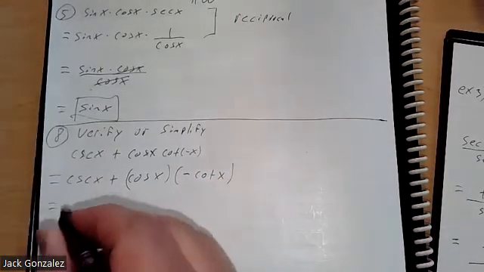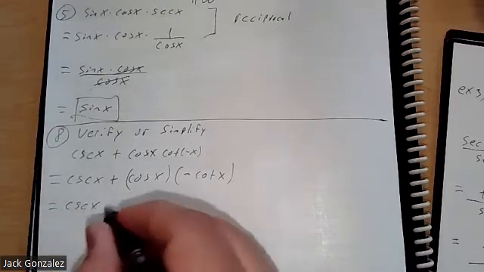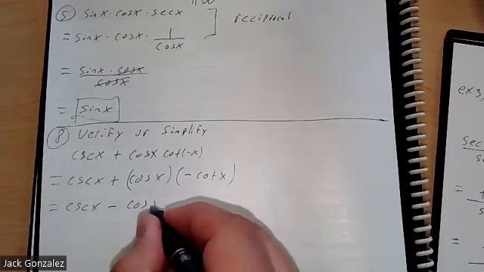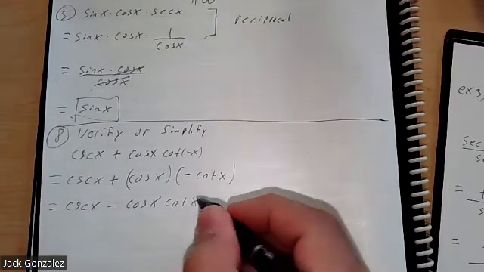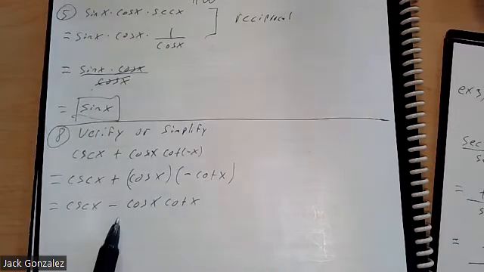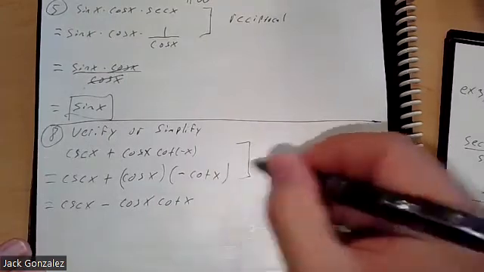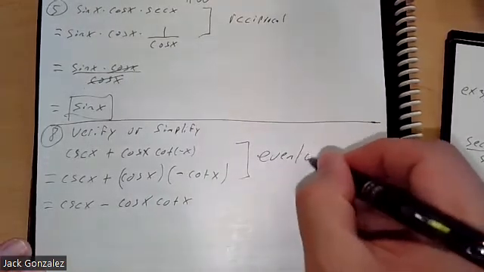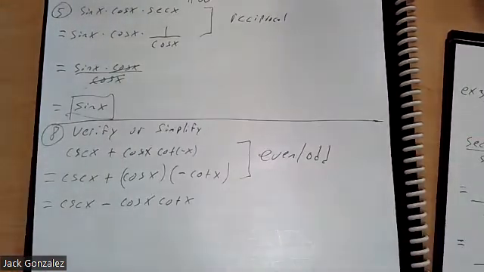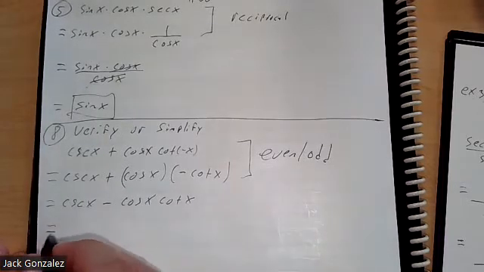That will be the same as minus cosine cotangent. Just put the minus in front because positive times negative is going to be negative. So right here we used even and odd. What do you guys think? What would you do after this step here?